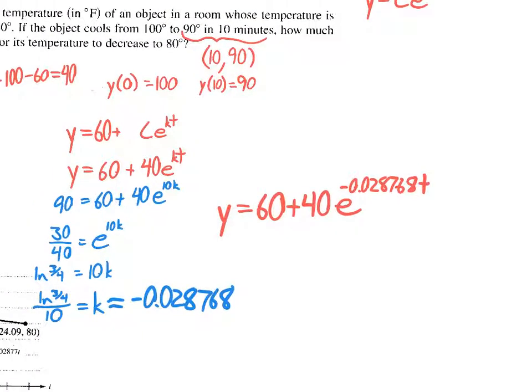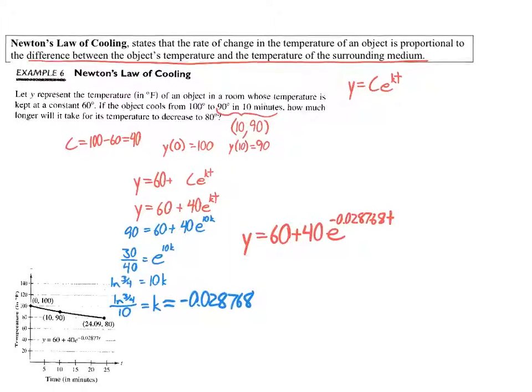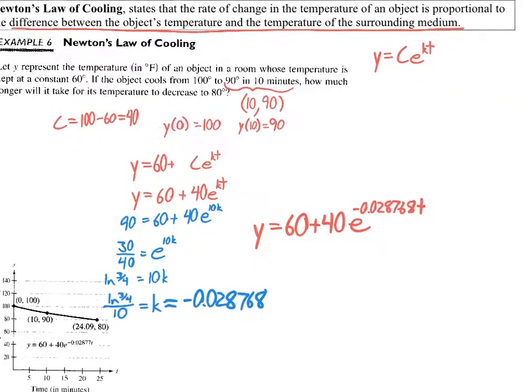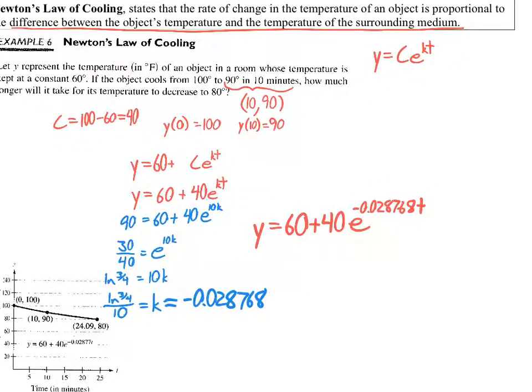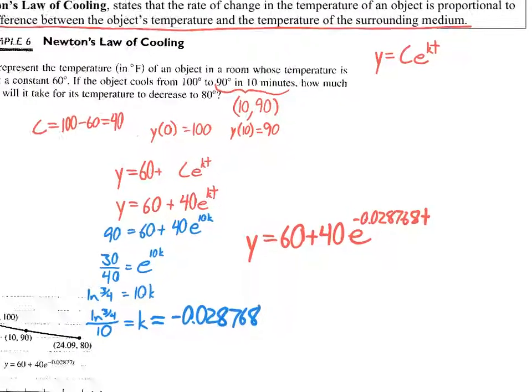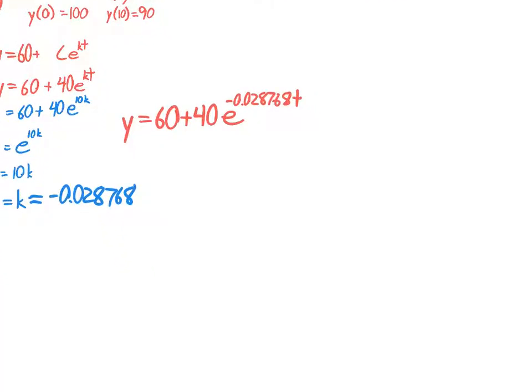Now, we did want to find out how much more time is it going to take for the temperature to decrease to 80 degrees. It's already taken 10 minutes. So how much more time is it going to take to decrease to 80 degrees?